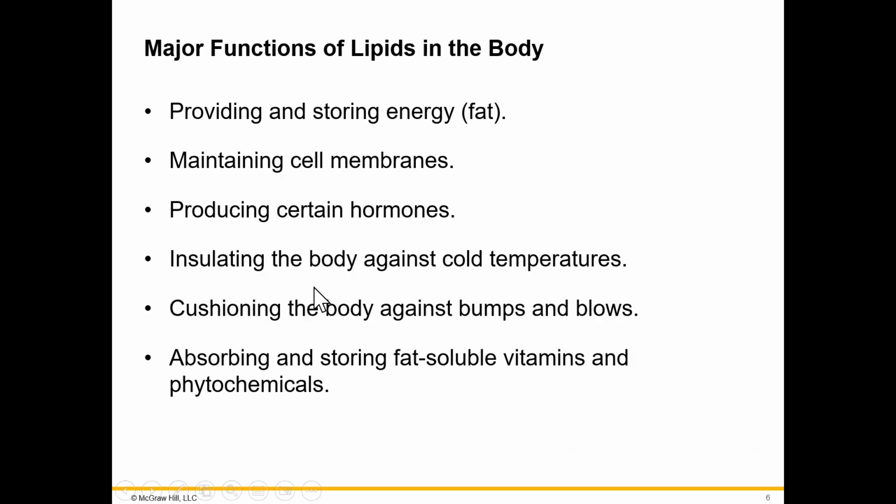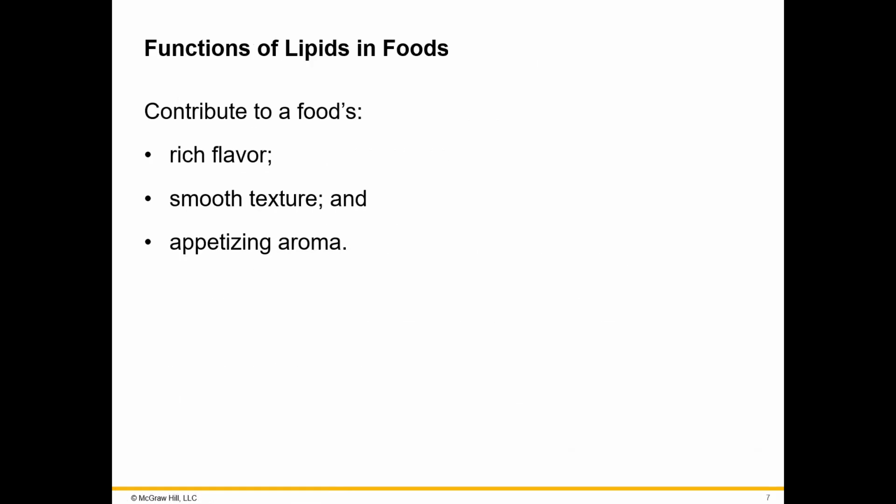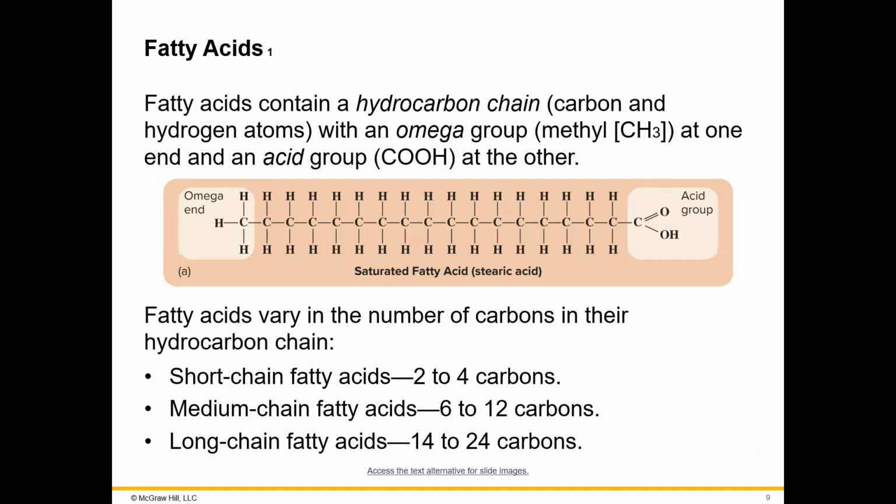Okay, we can burn excess adipose tissue, and also it's needed for absorbing the fat soluble vitamins A, D, E, and K, as well as, ooh, tastes so good, right? Fats give foods that high satiety, that rich flavor, that buttery, creamy, oily texture, and that pleasing aroma.